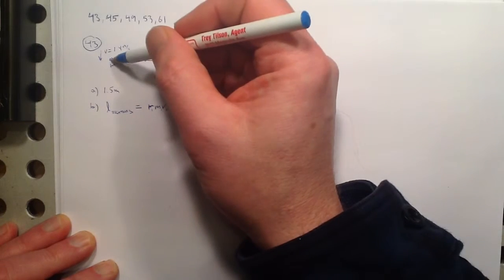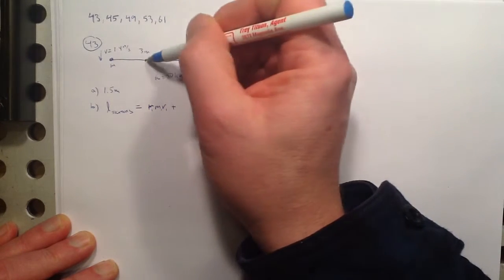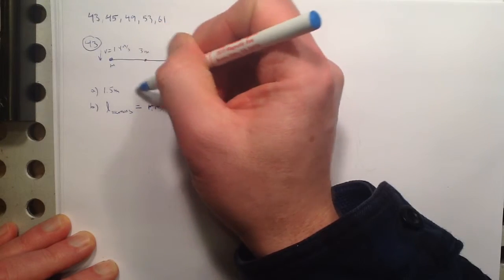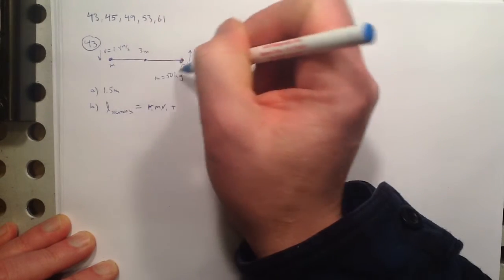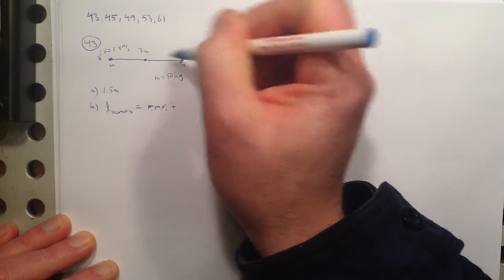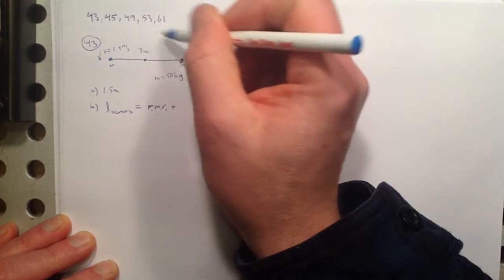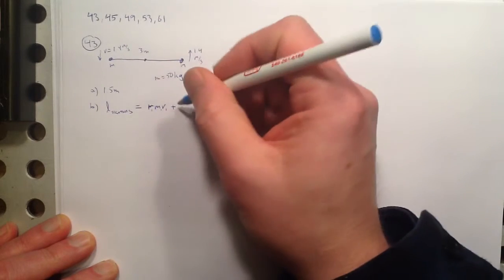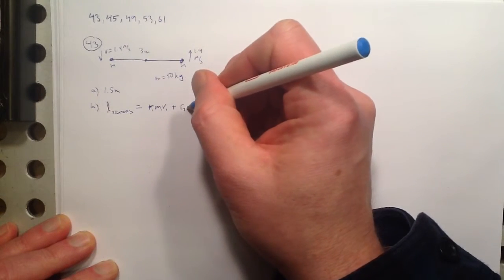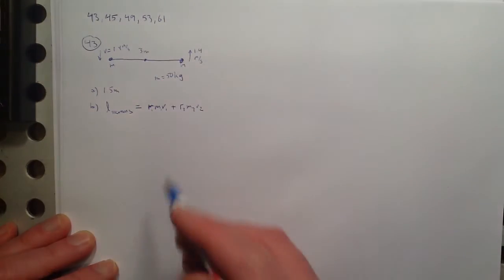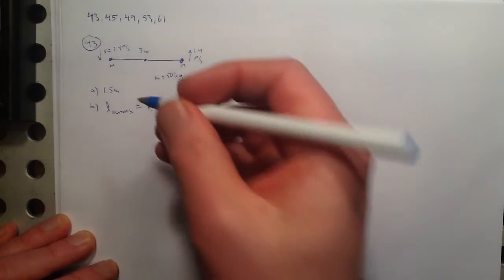plus the angular momentum of skater 2. Skater 2 is also going in the same direction around the circle. Although they have opposite velocities, they're going the same direction around the circle. So that's r2 m2 v2. And it so happens in this situation that all the r's, m's and v's are the same.